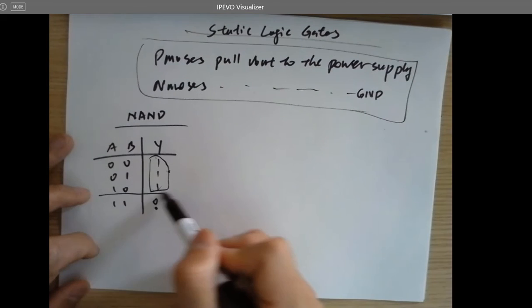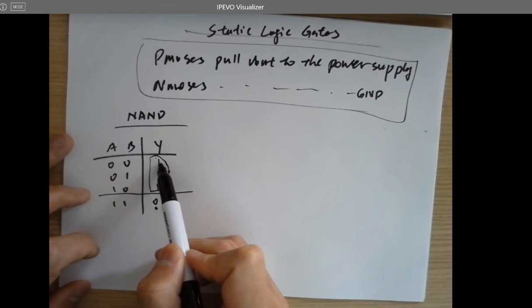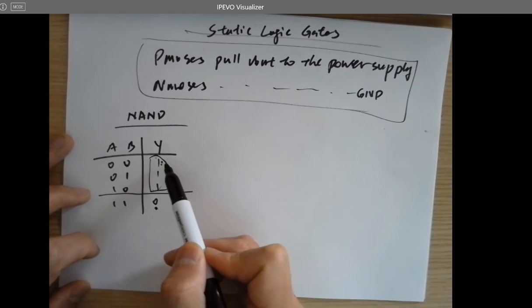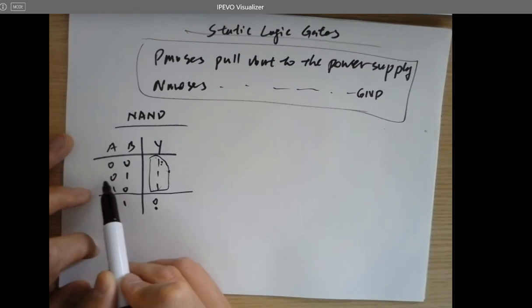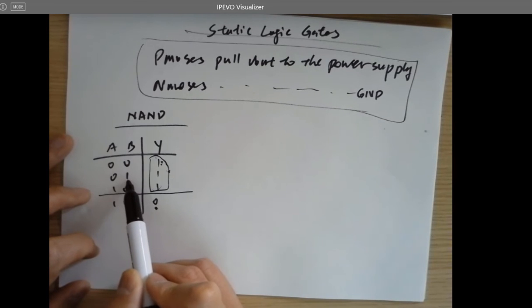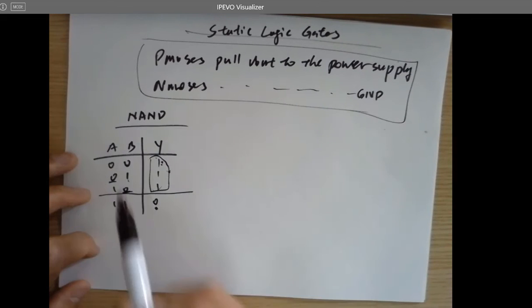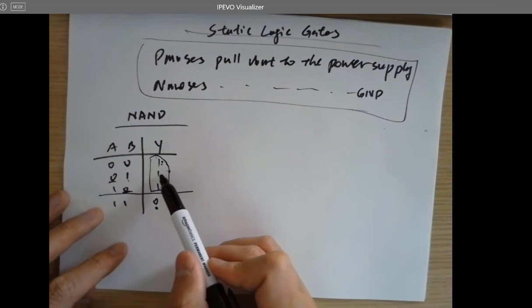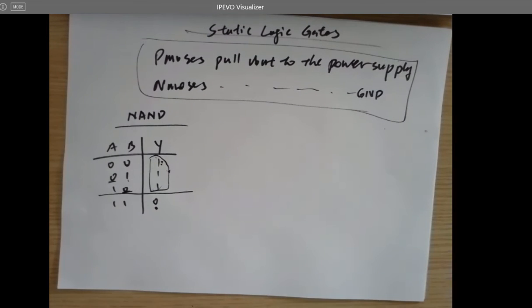If I look at the input, 0, 0, both of the PMOS are on, it's being pulled to VDD. Or if one of the inputs is on, one of the PMOS is on, it is able to be pulled to VDD as well. So it has to be parallel PMOS.